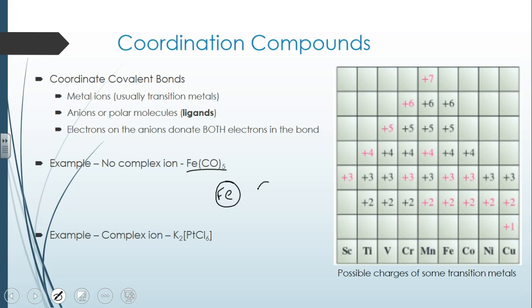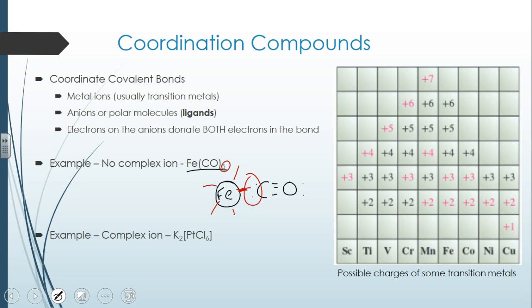But what happens is this compound, carbon monoxide, which turns into what we call carbonyl, will take its free electrons and create the bond between the iron atom and the carbonyl. So that becomes a coordinate covalent bond. And then obviously, because there's 5 here, there's 5 of them around this atom.